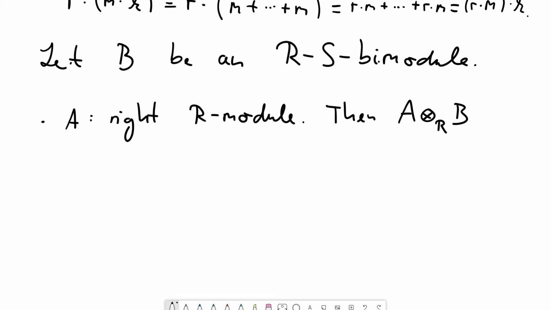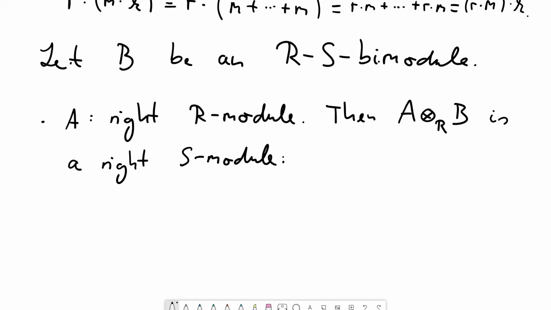So I end up here with an abelian group, but now on this abelian group I can define my right S module structure by using the right S module structure on B. So this is a right S module.